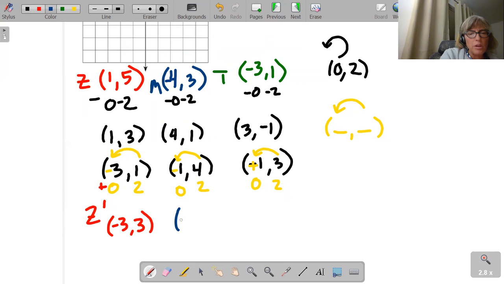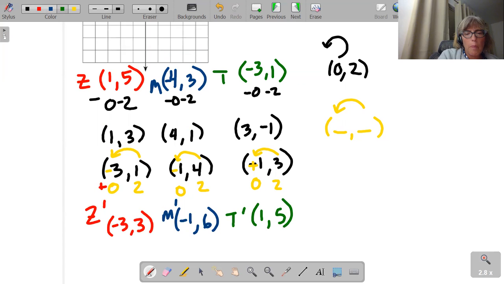Negative 1, add the 0, that's negative 1, that's going to be 6, that's going to be your M prime, and then your T prime, positive 1 plus 0 is 1 and 5.